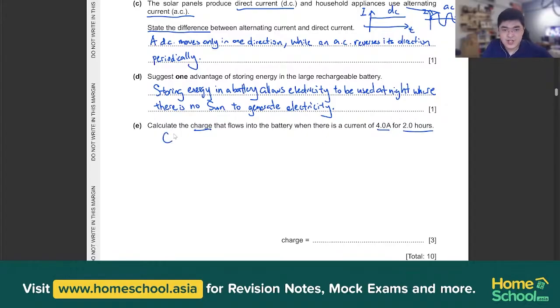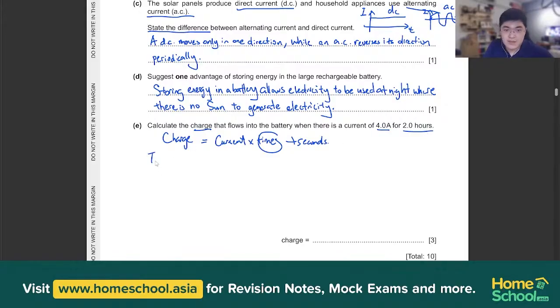As you do know, charge is equal to the current multiplied by time. But do take note, the time must be in seconds as the SI unit. So first, let's convert 2 hours into seconds.